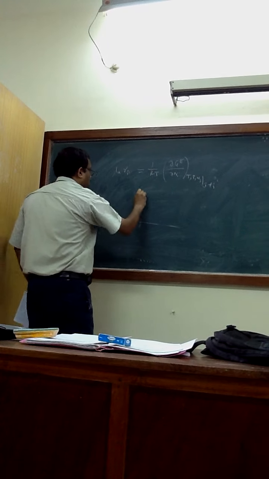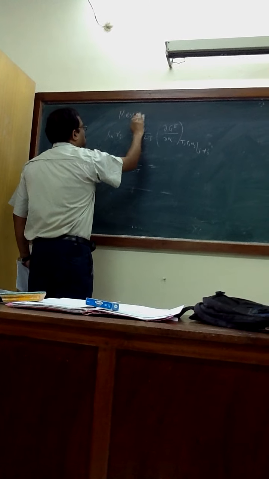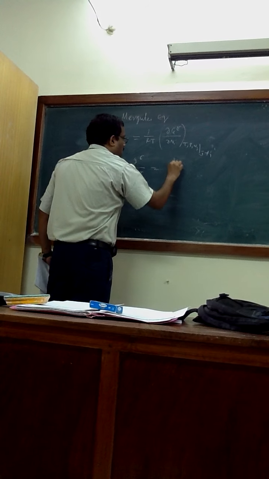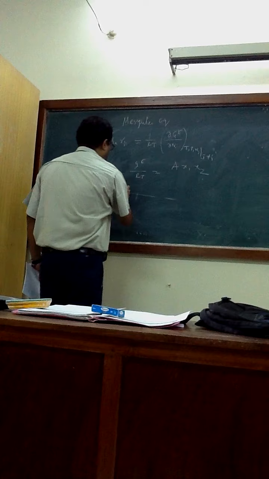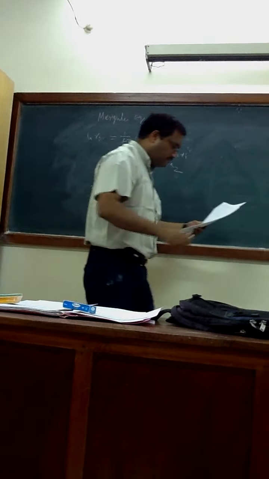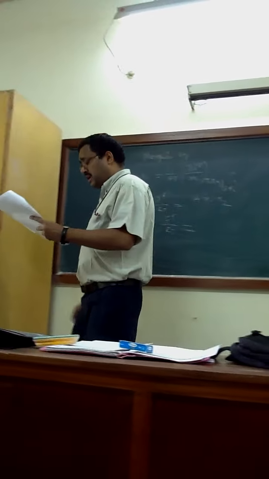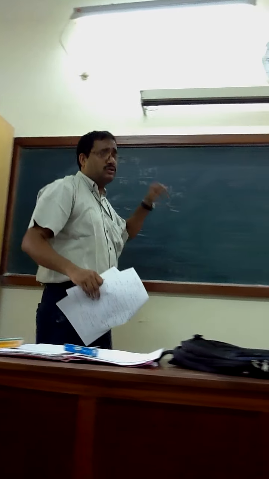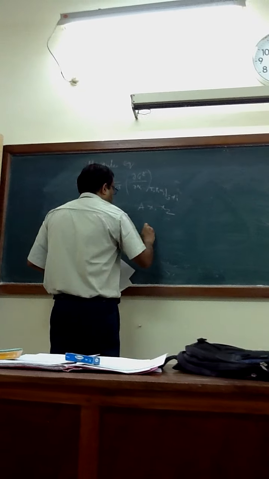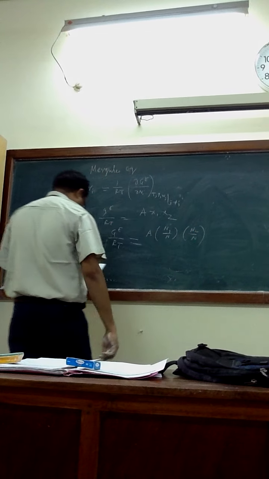We have the model. GE by RT equals, we are doing the Margules equation, which is A x1 x2. What will you get for GE by RT? I have to get G as a function of N1, N2, otherwise you cannot do that. So you can write this as A N1 by N, N2 by N. Am I correct?